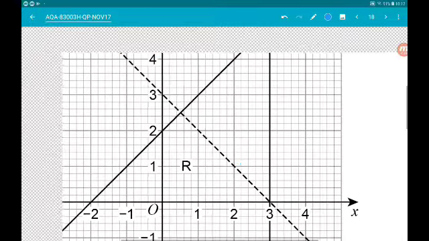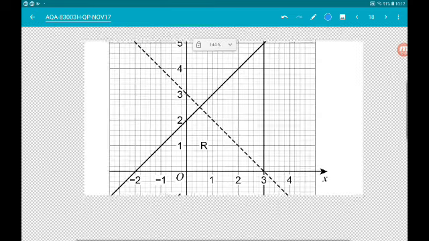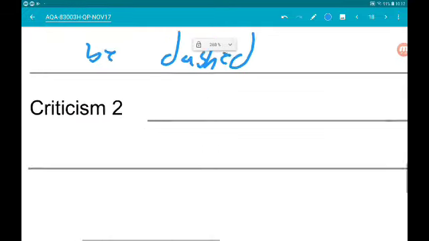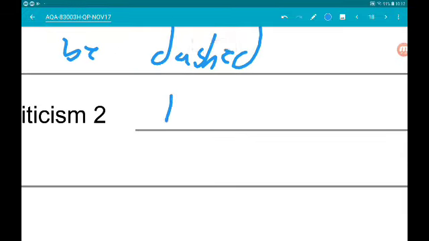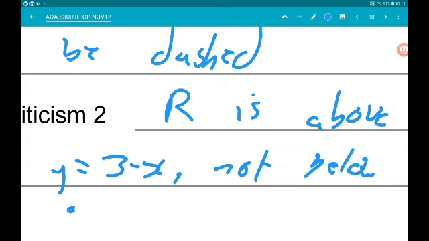So if we want y to be greater than 3 minus x, we are above the line, not below the line. So R is above y equals 3 minus x, not below as shown. Cool.